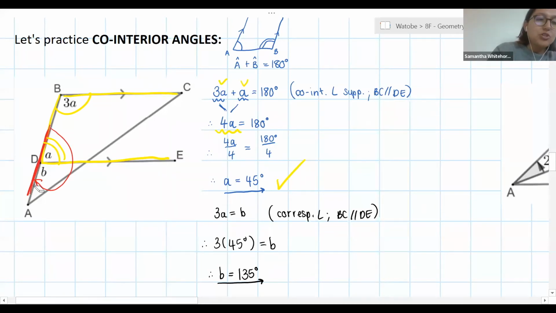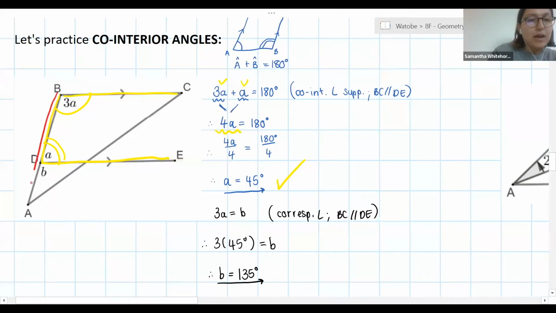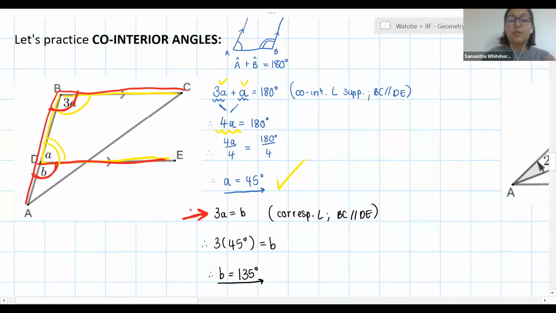But I said, let's try and practice the parallel line reasons that we are learning tonight. So have a look here. We actually have an F shape. If we have an F shape, we know that the angles in the corner of my F are equal to each other. And so that's why I've said 3A equals B, because I have those corresponding angles.